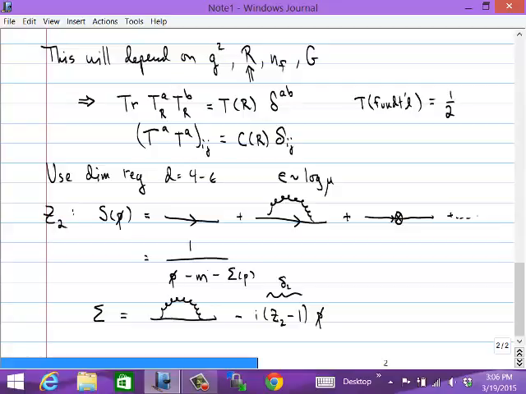And that's where that factor of i came from, because d slash is i p slash. And then there was, for example, a mass renormalization plus higher order terms. And we're not interested in that mass renormalization. We're only interested in Z2. So this here is the term that we want.